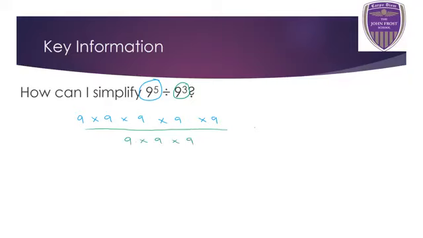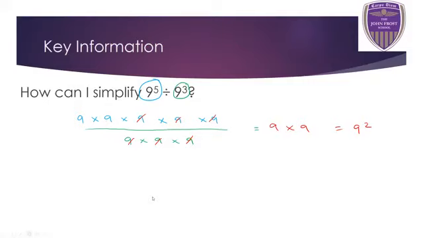We've seen stuff like this before, hopefully. We can cancel some of these 9s off at the top. We've got 3 9s on the bottom, so we can cancel 3 off on the top. So we're left with 9 times 9, which is 9 squared, so 9 to the power of 2.